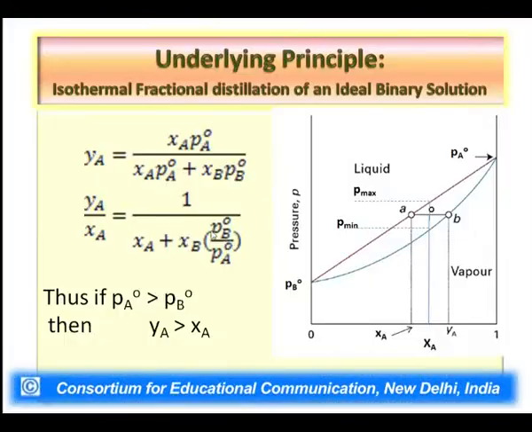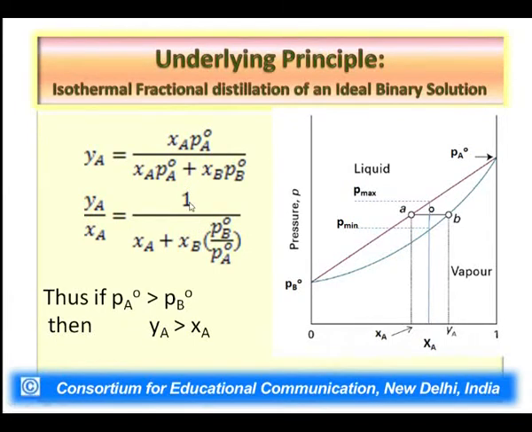If Pb naught is less than Pa naught, then this ratio Pb naught by Pa naught will always be less than 1. Xb, the amount fraction, if you recall from the first lecture, in a binary mixture would always be less than 1. Similarly, Xa would also always be less than 1. So, this whole denominator would be a fraction with a value less than 1.